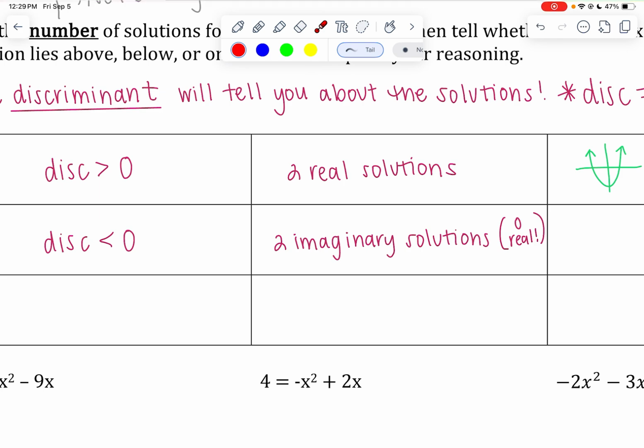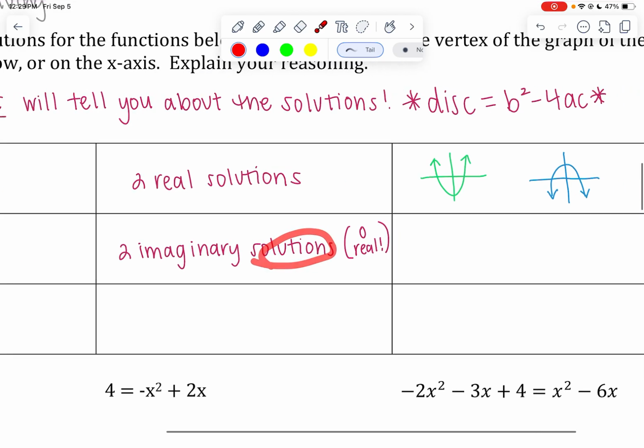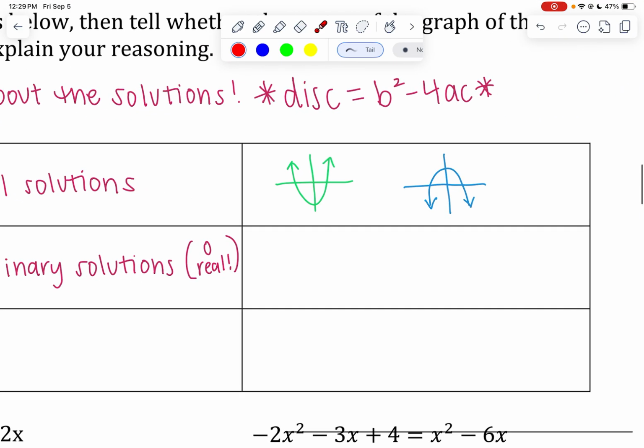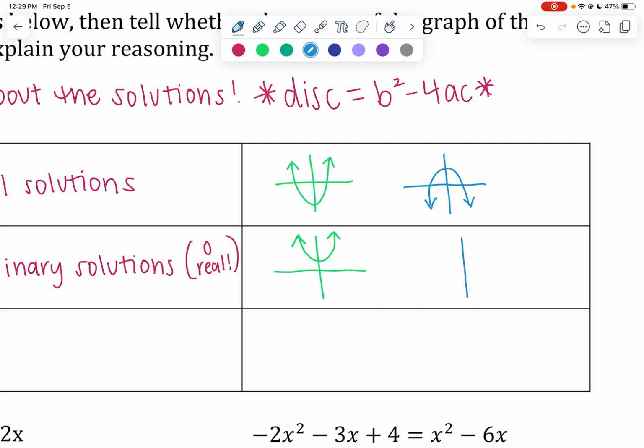I just tend to say 2 imaginary solutions because you can still solve it, but you're not going to see those solutions on a graph. And that's because solutions are where my parabola crosses the x-axis. So hopefully you're remembering some of that, okay? So it would be either up here above my x-axis, not crossing it at all, or if it were going down, I would need to move this parabola down like this, and now it wouldn't cross.